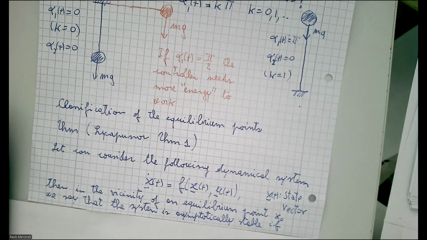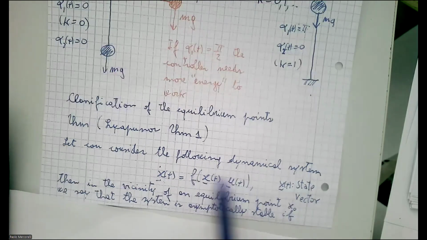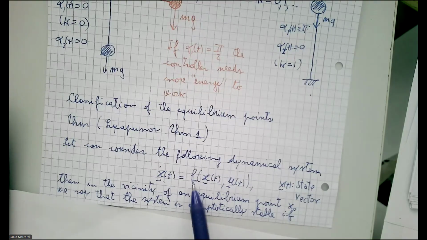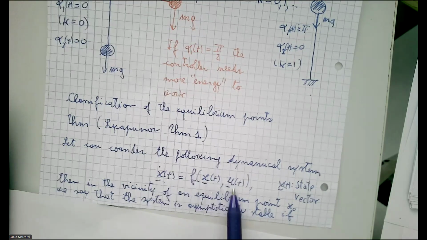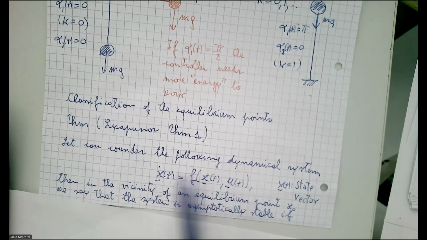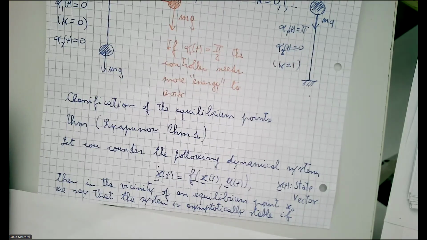In this case, just the matrices A and B are involved in this representation, because you remember in a linear system we have x dot equals A multiplied by x plus B multiplied by u. Here we see that everything is in the function, not specified, of x and u, right? Because the system is non-linear.